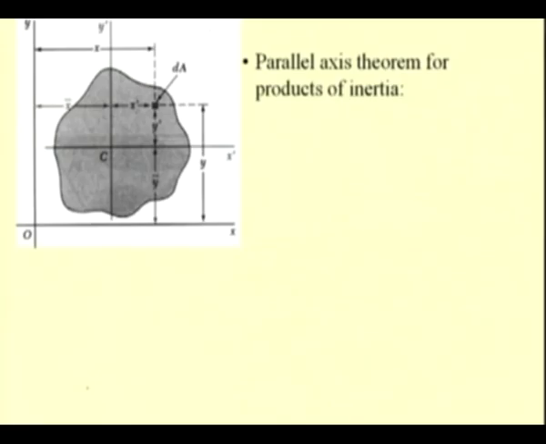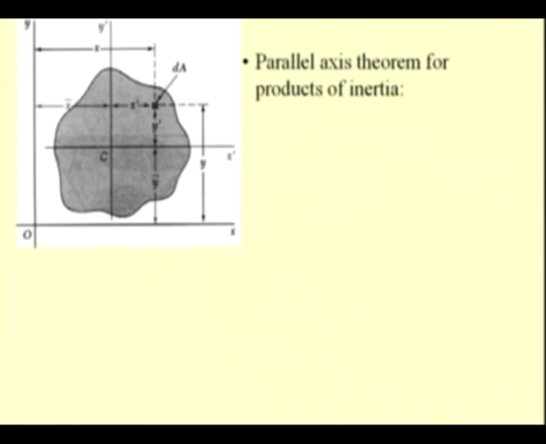So, let us see how to apply the parallel axis theorem for the product of inertia. Here, let us say we have determined the product of inertia of this area with respect to an axis OXY, then we are interested to find the product of inertia with respect to a centroidal axis.